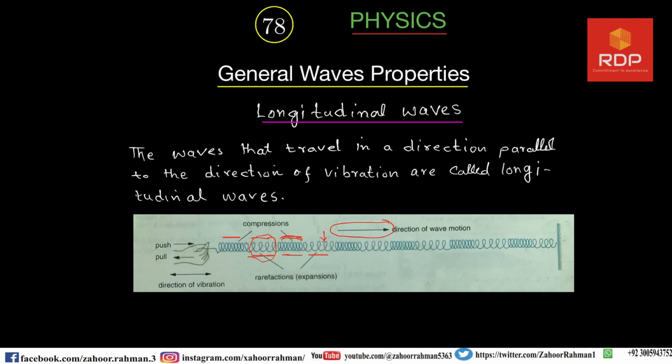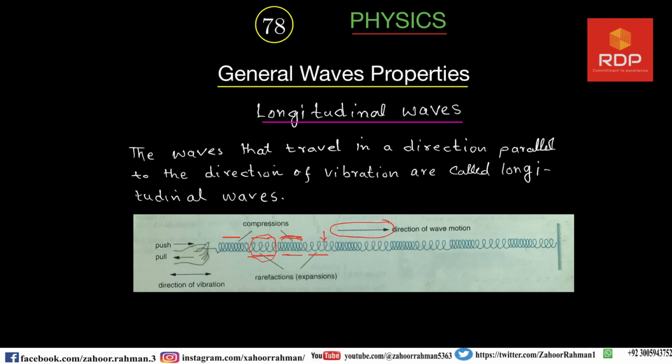The rarefaction is the expansion. You cannot say here crest and trough. They are only produced in transverse waves. So by means of a slinky spring, we can show how longitudinal waves can be generated.